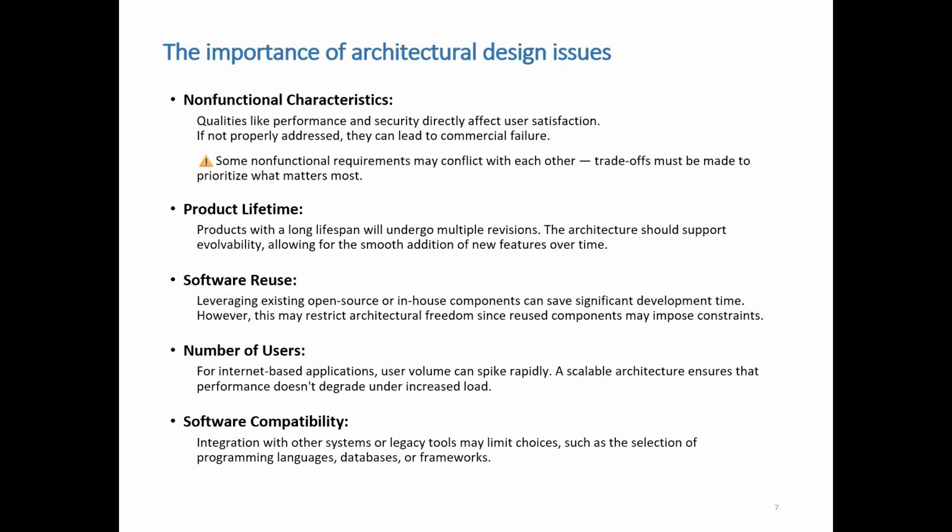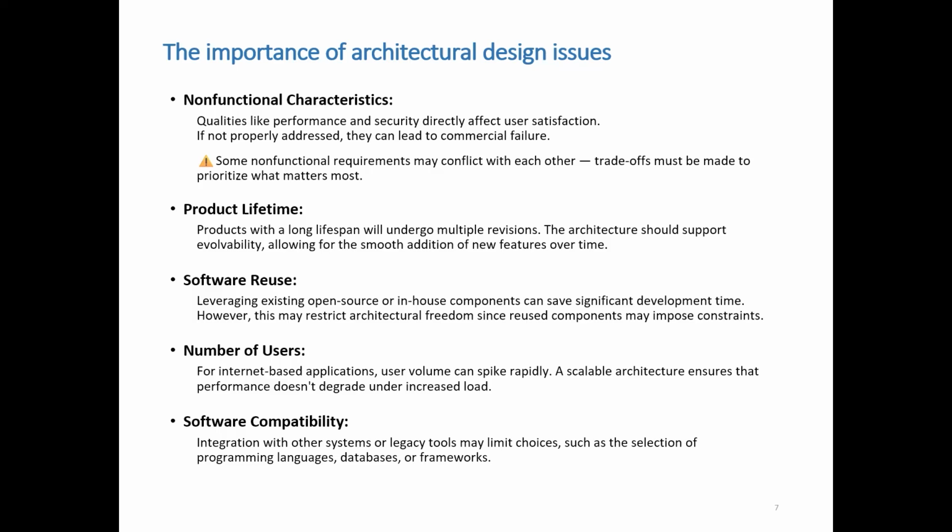Next is product lifetime. If you're building something meant to last, say 5 or 10 years, you can expect it to evolve. That means your architecture should be flexible and extendable so you can add new features without starting from scratch every time. Software reuse is another key influence.